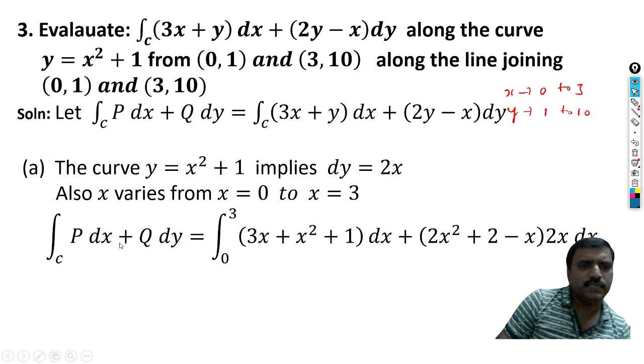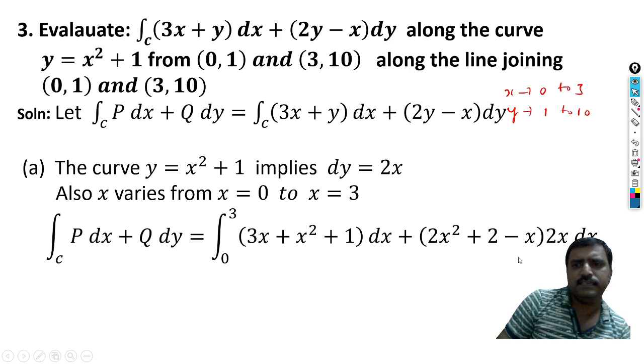So the integral of p dx plus q dy equals the integral with x from 0 to 3. P is given as 3x plus y, and y is x square plus 1, so substitute that value here, dx, plus 2y, that is 2 into x square plus 1, which becomes 2x square plus 2, minus x, into dy.